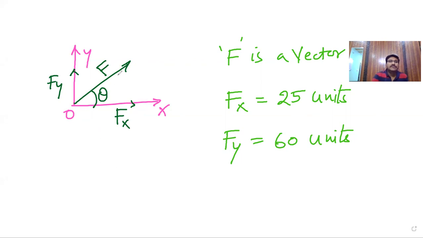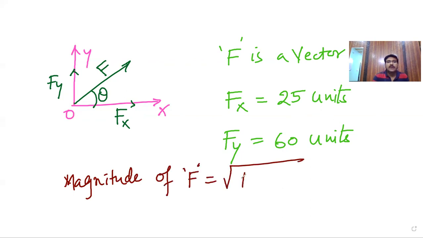What have we seen in the earlier case? When a vector F has a horizontal component Fx in the x direction and a vertical component Fy in the y direction, the magnitude of F is the square root of Fx square plus Fy square.